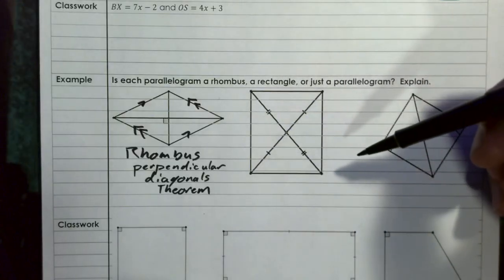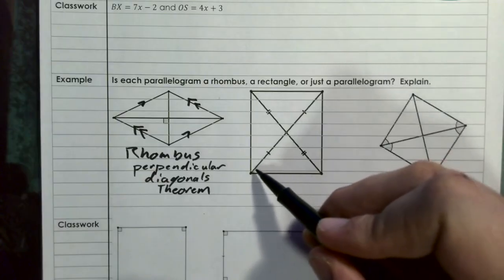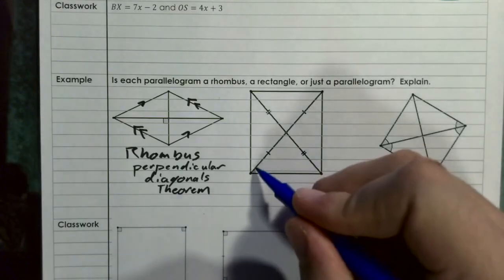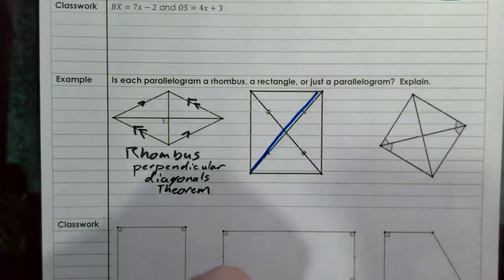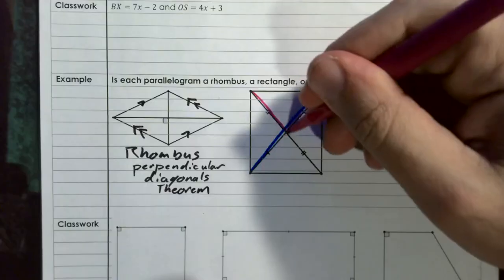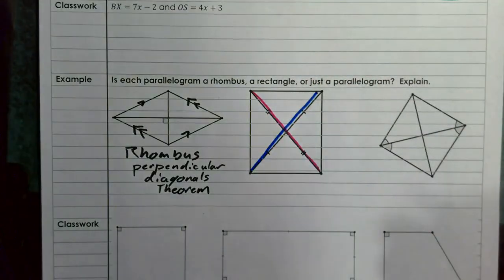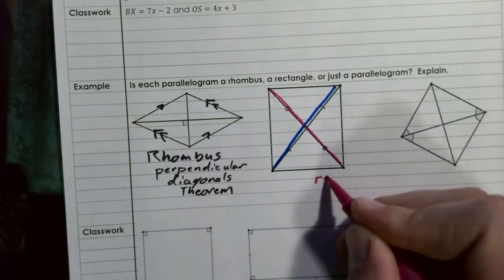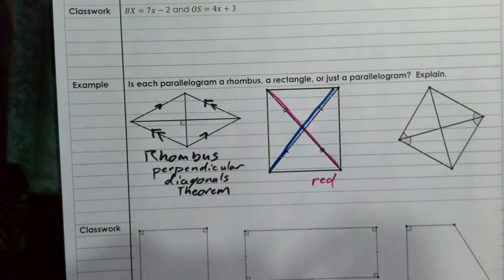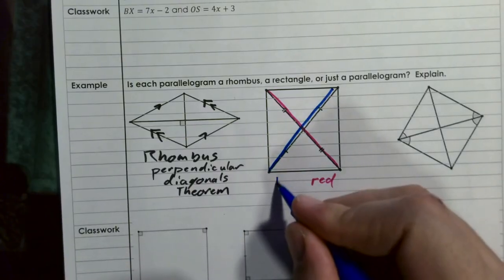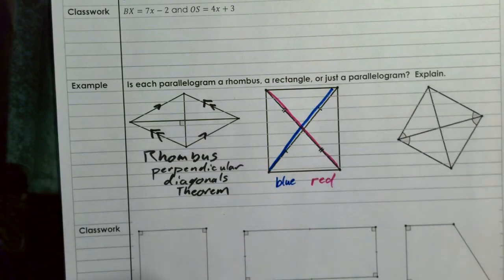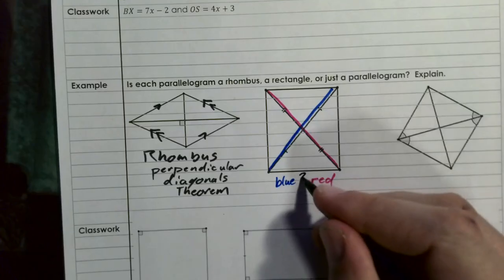In this next one, we can see that the diagonals are being bisected, and it really does quite look like a rectangle. But I don't know if one of those lines is congruent to the other. So I don't know if this blue is congruent to this red one. I need those two to be exactly the same in order for it to be a rectangle, but I don't know if red and blue are congruent. I just know that they are being bisected, but I don't know if they're the same.